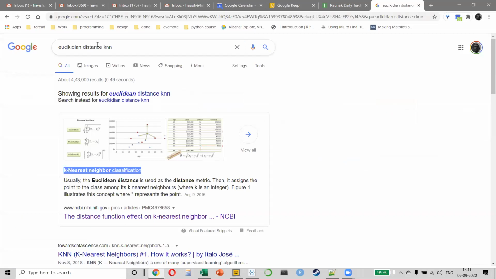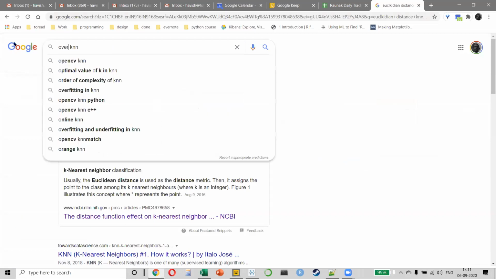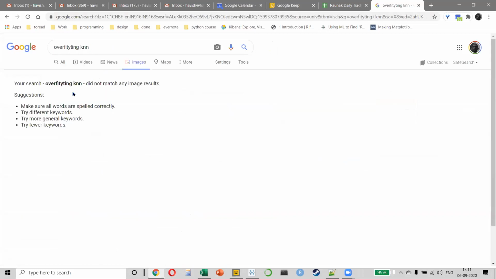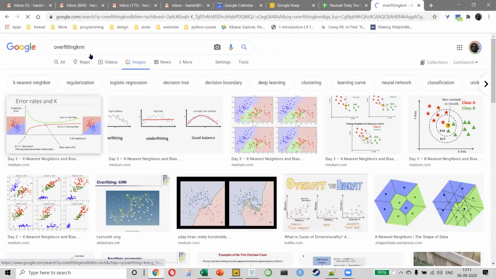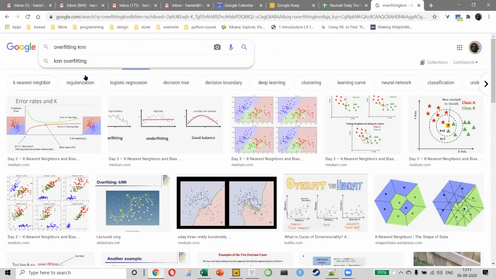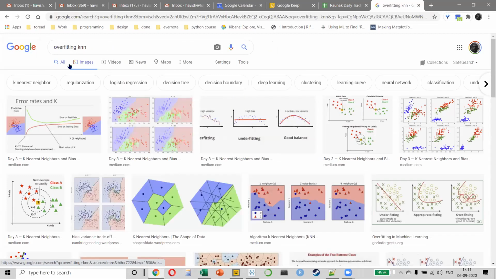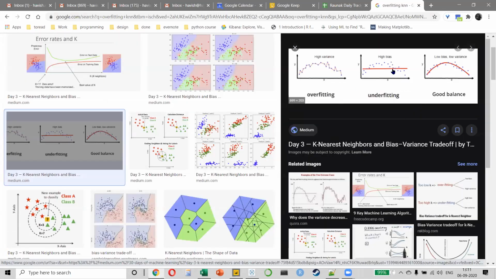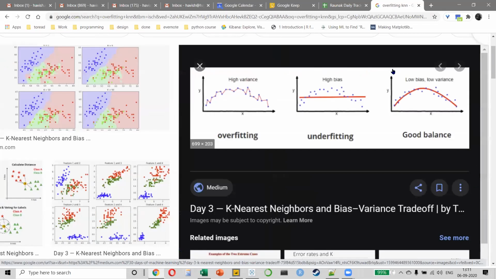Another very important concept in KNN is what we call overfitting. Super, super important. So overfitting basically means that, let's look at this.